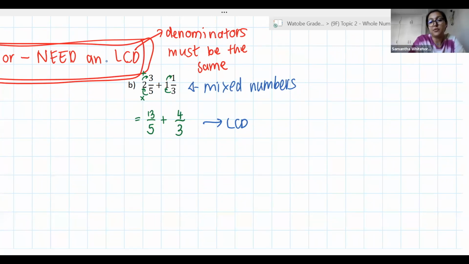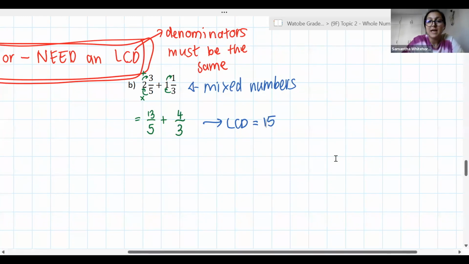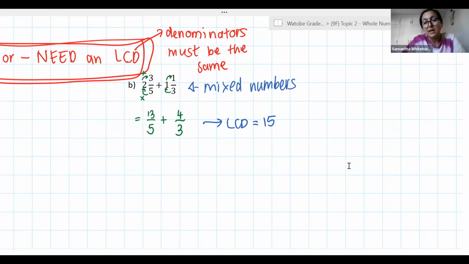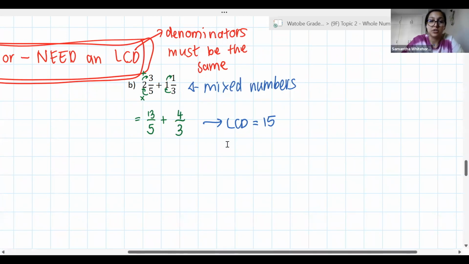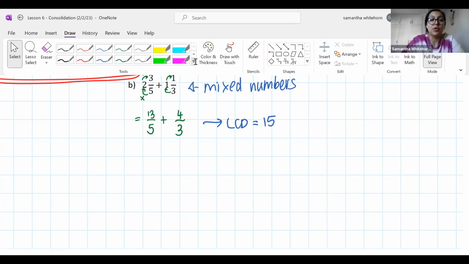The smallest number that they can both divide into, very important, both divide into, is 15. You can think of it like an LCM, lowest common multiple, the smallest number that the numbers we're working with can divide into. So we now want to make these denominators both 15.